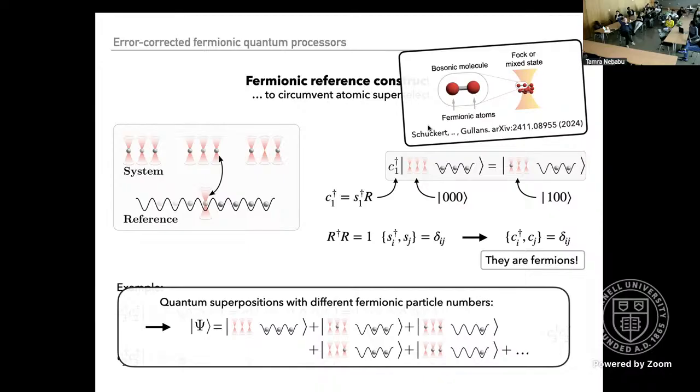There's an established framework for how you do error correction with qubits, but because this is a fermionic platform, I'm simply raising the question of whether that established framework for doing error correction in qubits is what you want to be using here for the fermions.